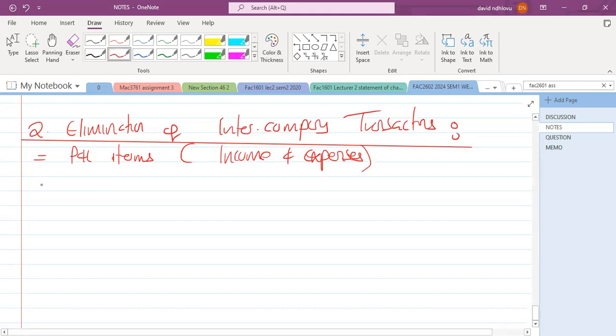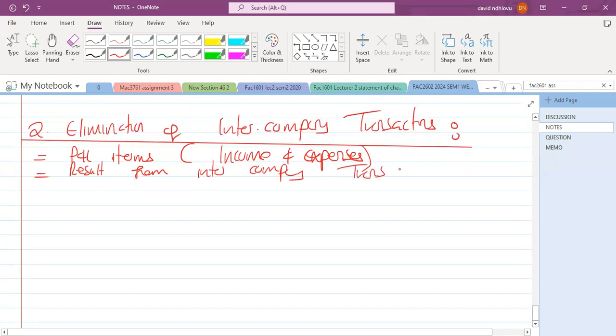Then we are saying, right, when we deal with income and expenses, when we eliminate them, these result from intercompany transactions.